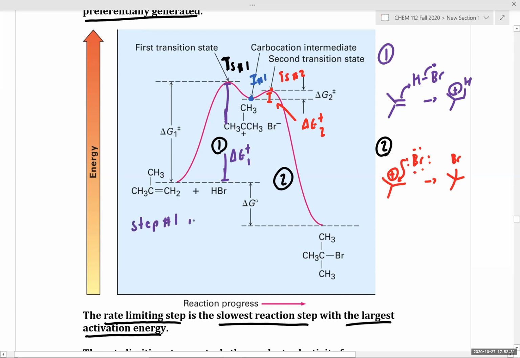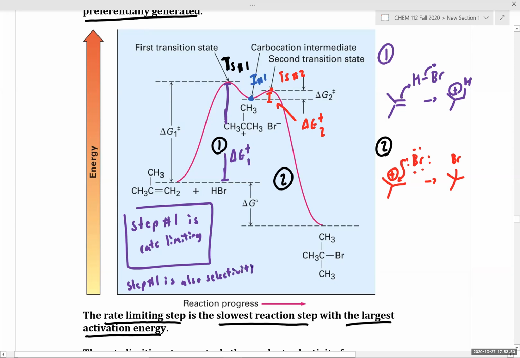So step number 1 is rate limiting. And a consequence of that is that step 1 is also going to be selectivity determining. So the rate limiting step plays a critical role in controlling not only the rate of reaction, but the product selectivity of that reaction.